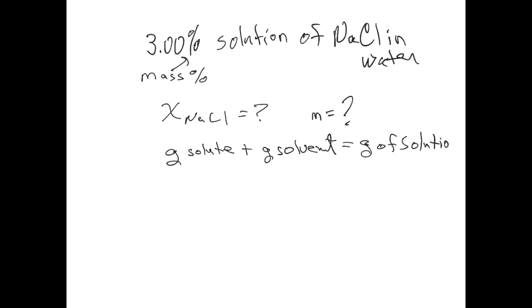Well, this is a key thing you have to understand. If I had a 3% solution of sodium chloride in water, that means that 3% of the solution is sodium chloride, representing the total amount of sodium chloride plus the water.